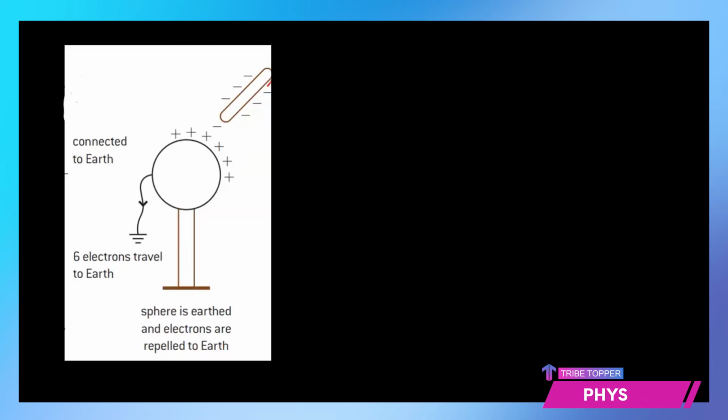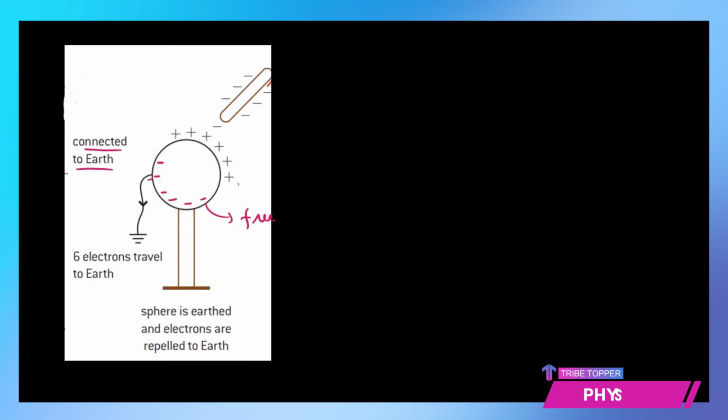We connect this sphere to the earth. Connecting the sphere to the earth means you can use a wire connected to the earth, or even if you are standing and you touch it, through your body all the negative charge that was free at the farther end, all these electrons, will travel to the earth.